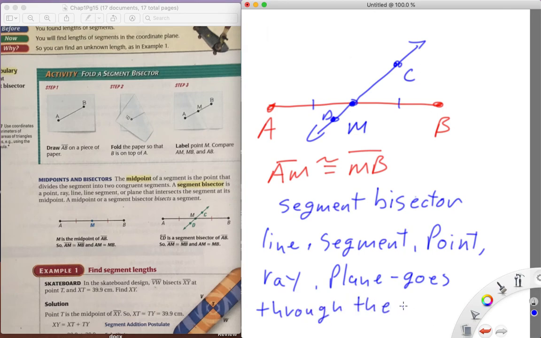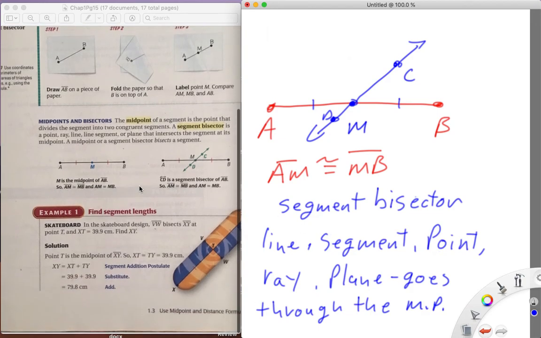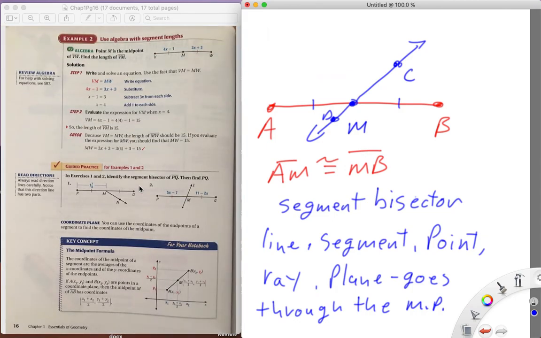And put MP for midpoint. Any line, segment, point, ray, or plane that goes through the midpoint is called the segment bisector. Alright, so with that we can do certain things. Let's go through these two examples.